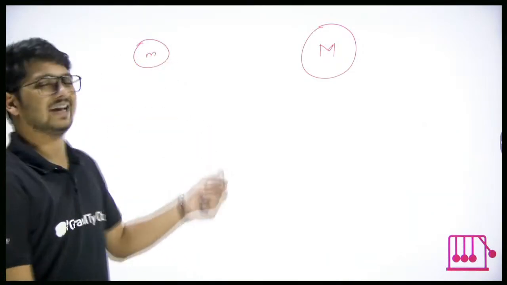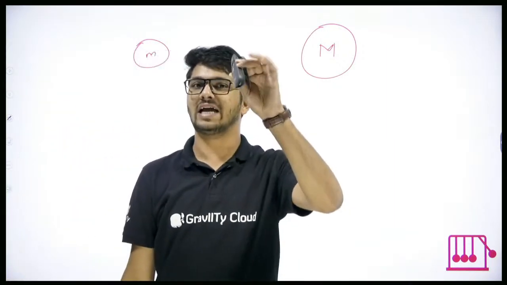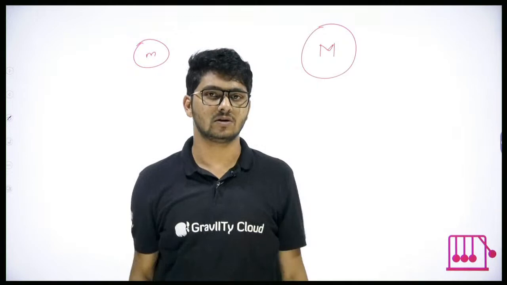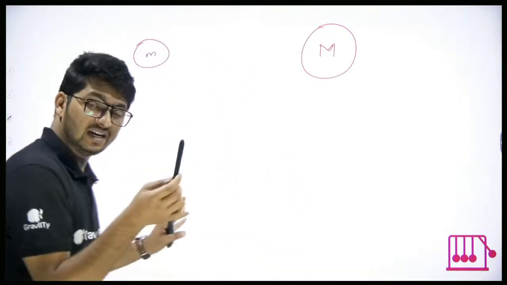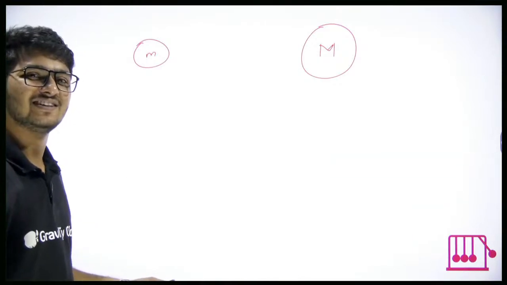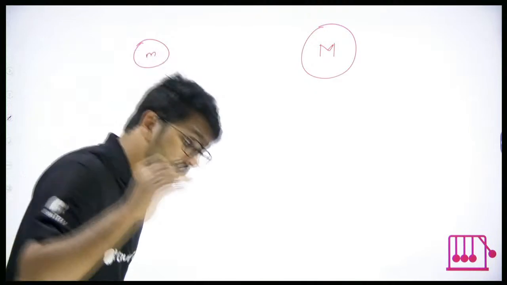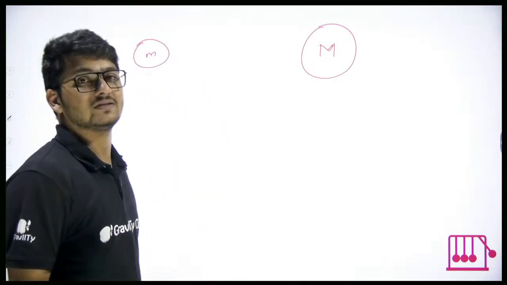Now when I say any two objects, it can be this remote. One object can be this remote, one object can be me. Or one object can be this pen and the other object can be this remote. One object can be this pen and the other object can be this screen, anything. Okay, so any two objects. Even a very small microorganism also which you cannot see. Anything that has mass.